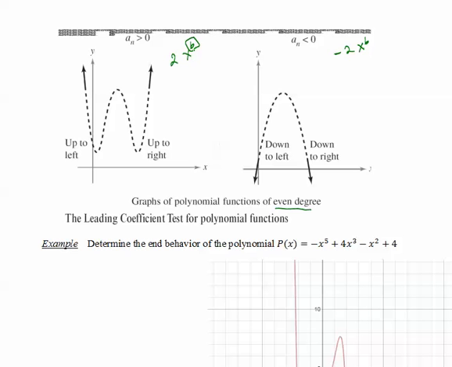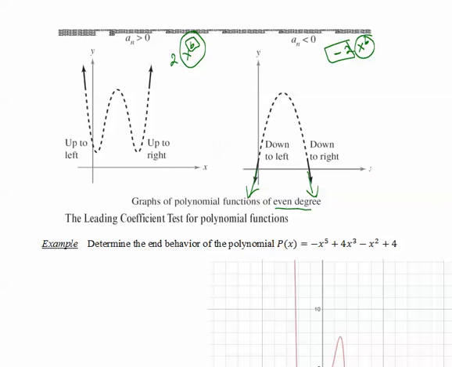So positive or negative x, the whole thing in here will be an even number. You multiply it with a positive, it will be looking up. What determines it here is the leading coefficient. If the leading coefficient is negative, and this part is always positive, then multiplying positive with negative will be negative, and that's why it's going to go toward negative infinity. It will be a negative number.